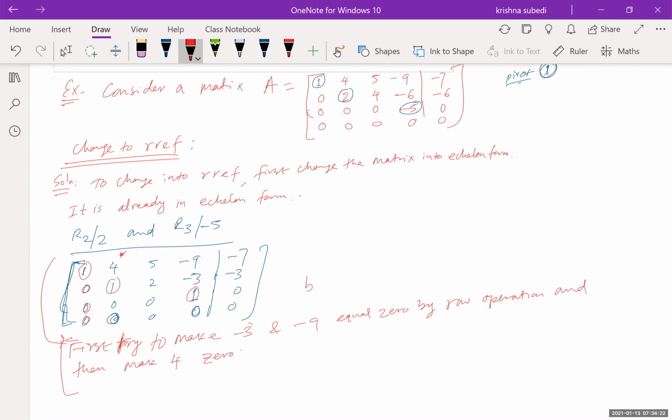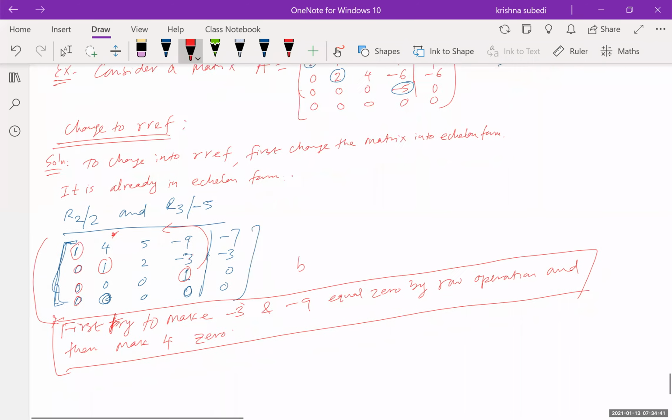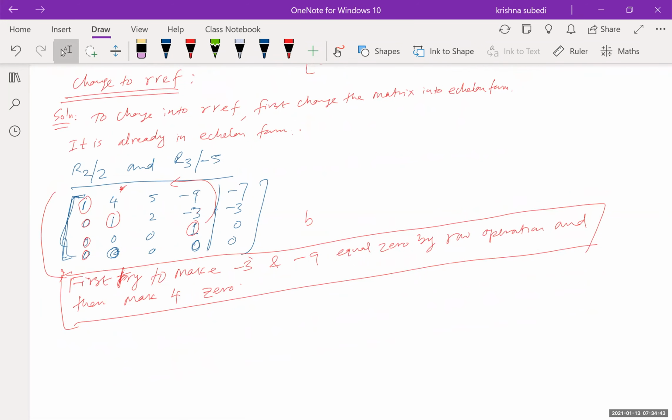Okay, this is my hint. First forward method and now backward method. So always go from this direction. So we look at the last column always in this case. That makes calculation a lot easier.